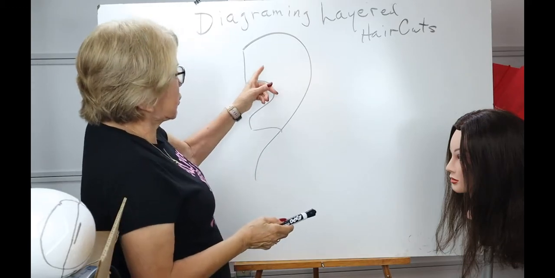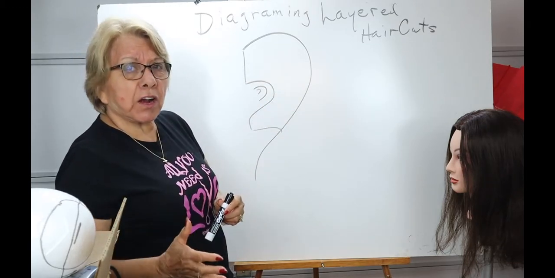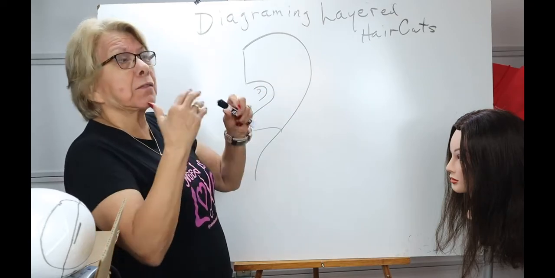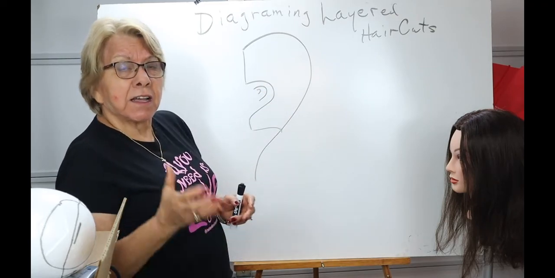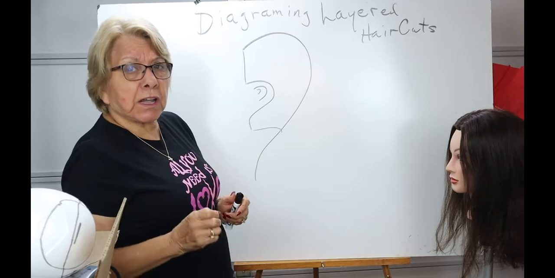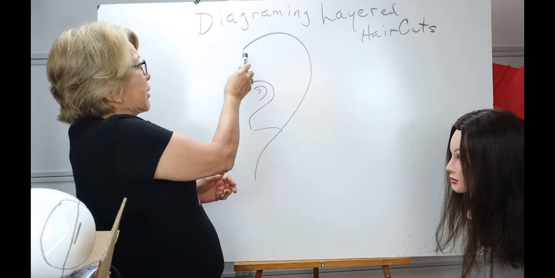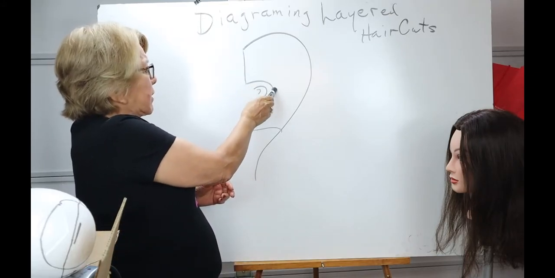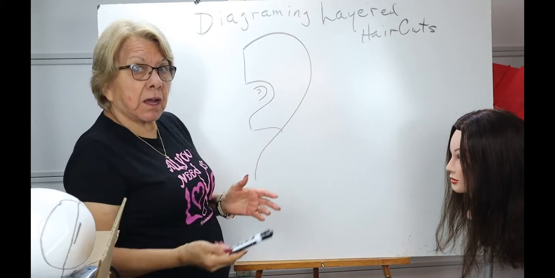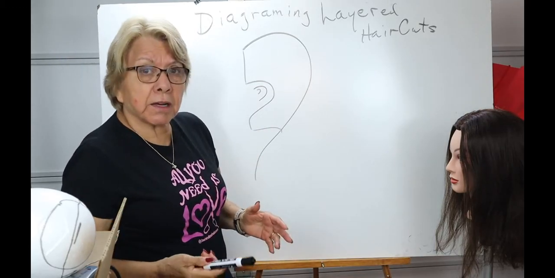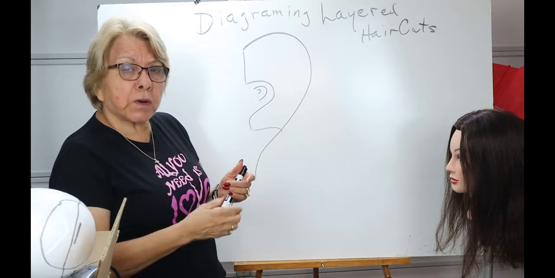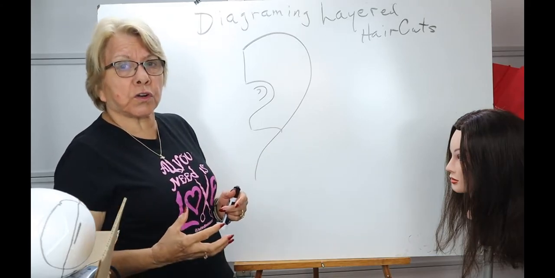Okay, so we're going to be doing a layered haircut today. And the variety of layers is intense. What people don't realize when they're doing a layered haircut is when you take it to one point, this area here, the hairline, the perimeter line, is the biggest factor that's going to create those little edges, those little corners.